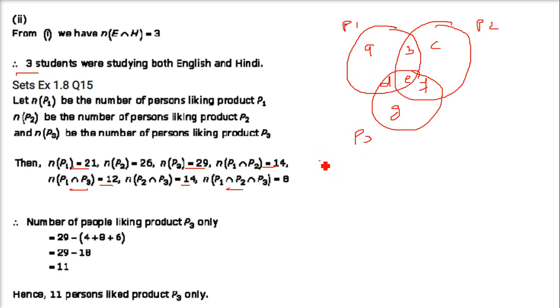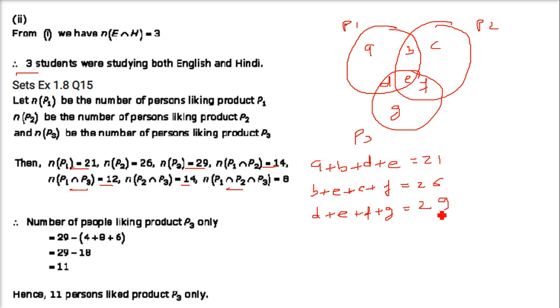So A plus B plus D plus E is 21. Then for the second one, P2, B plus E plus C plus F is 26. Then the third one, D plus E plus F plus G, is going to be 29.